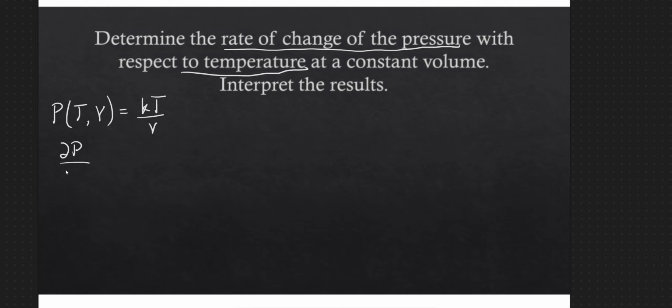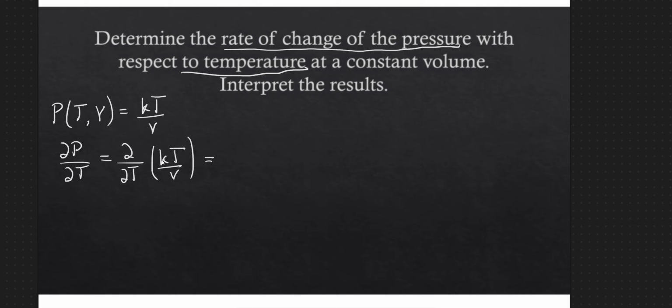So what I'm looking for here is partial P, partial T, which is partial T of KT over V.